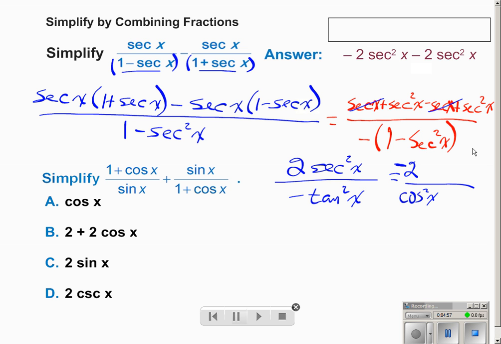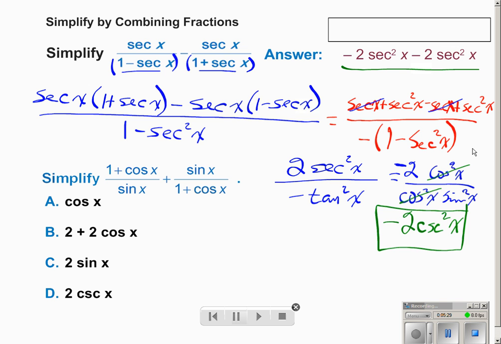Since it's in the denominator, I can write that as cosine squared x over sine squared x, and cancel the cosine squareds, and I get negative 2 over sine squared, or negative 2 cosecant squared x. A lot nicer looking result than what they had here.